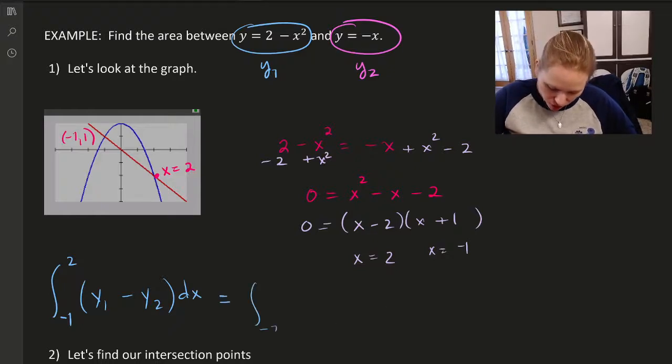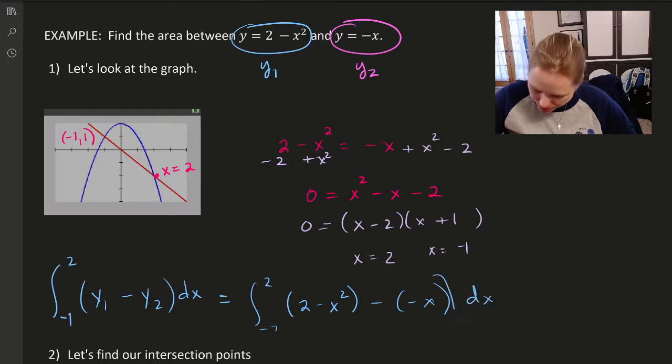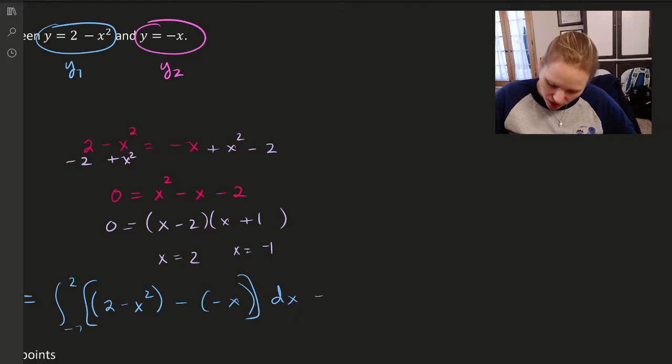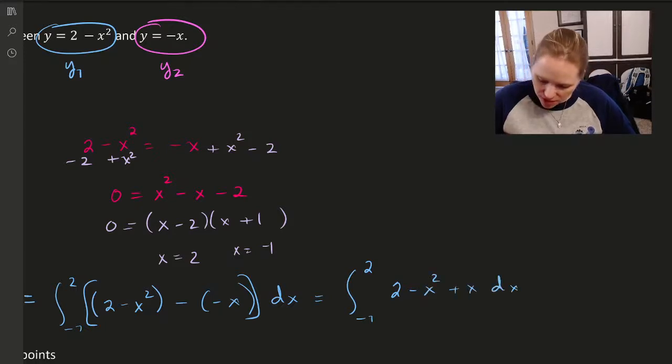So from -1 to 2, y1 is 2 minus x squared, and then minus -x dx. And as I simplify it out, from -1 to 2, I'm going to have 2 minus x squared plus x dx.